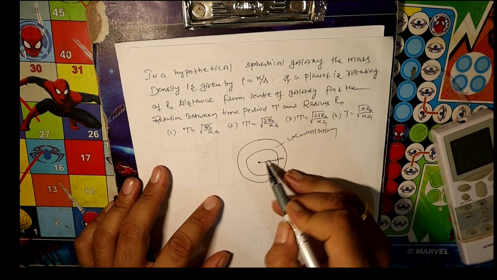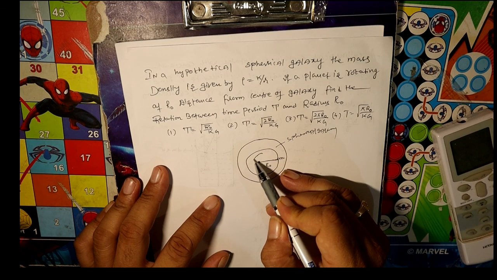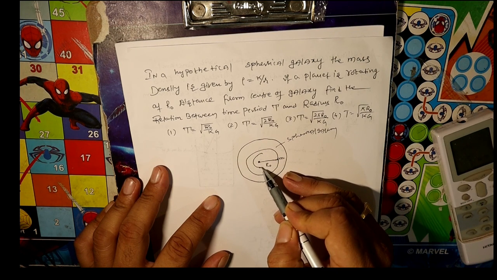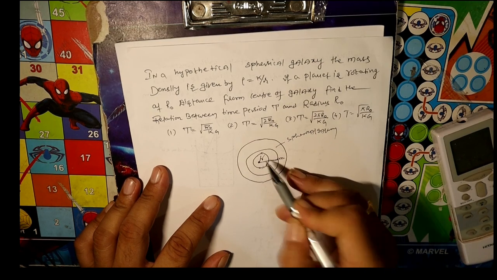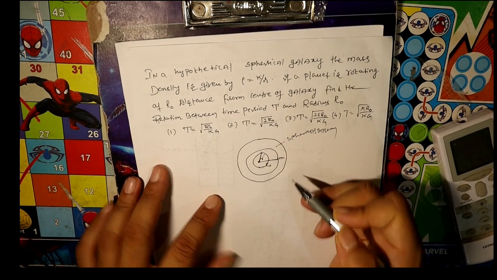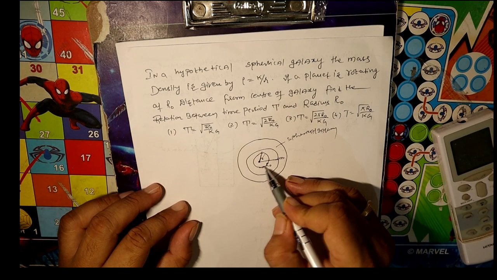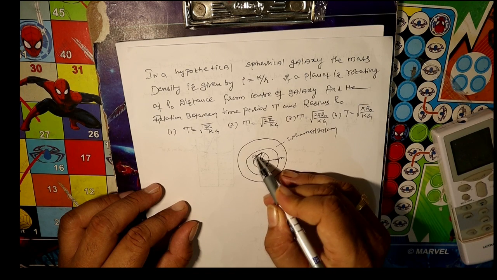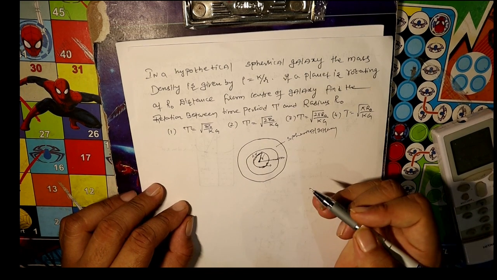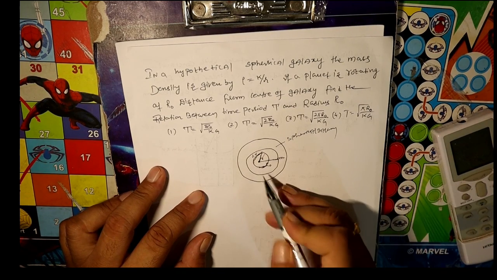Now let us take a spherical shell at a distance r, whose width, that is thickness, is dr.